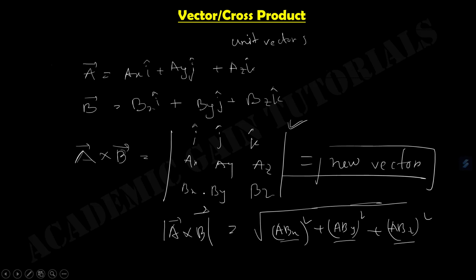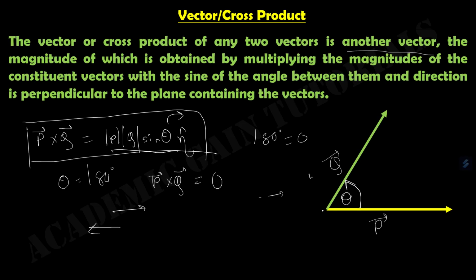Now, we forgot to discuss one thing: how we can find the direction of the cross product with respect to the angle between them. For this, we will use a law known as the right hand rule, or the right hand screw rule.